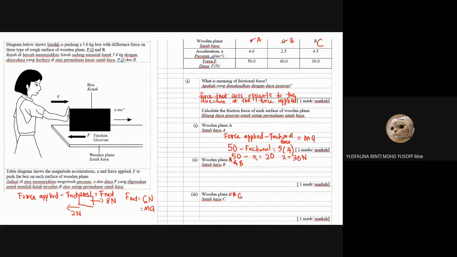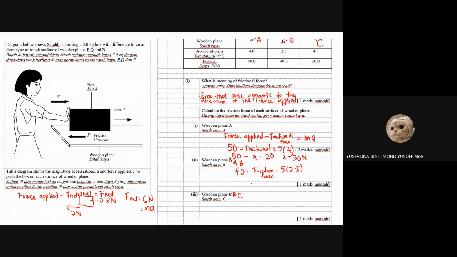Okay, let's check whether it's correct or not. Yes, 27.5. That is correct. So 40 minus frictional force, then we get 5 times 2.5, right?